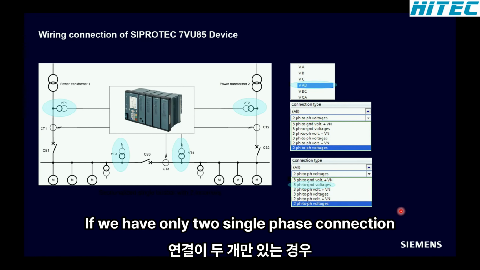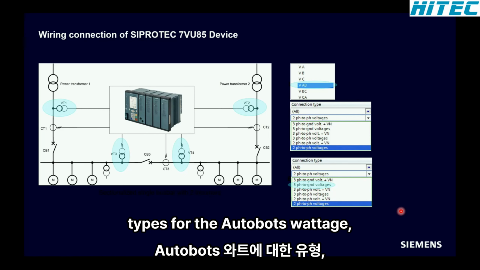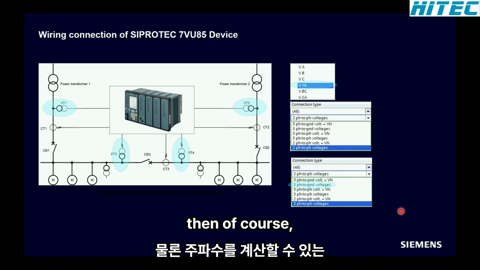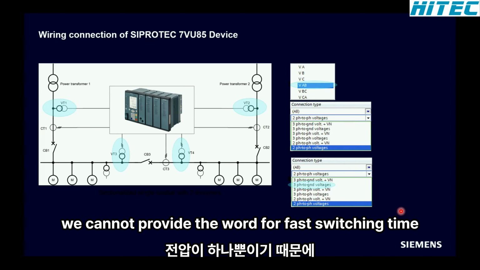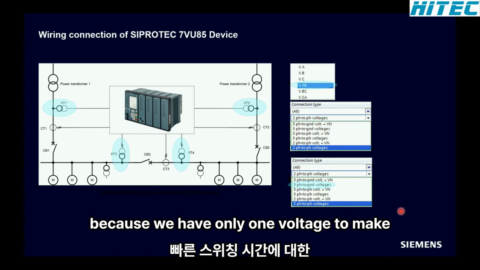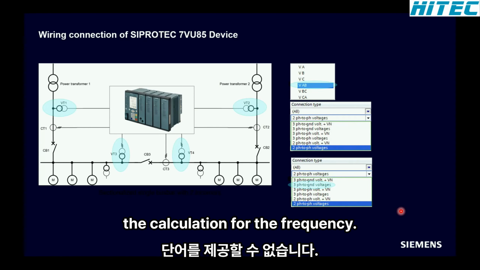If we have only the single-phase connection type for the motor bus voltage, then of course we cannot provide this ultra-fast switching time, because we have only one voltage to calculate the frequency.